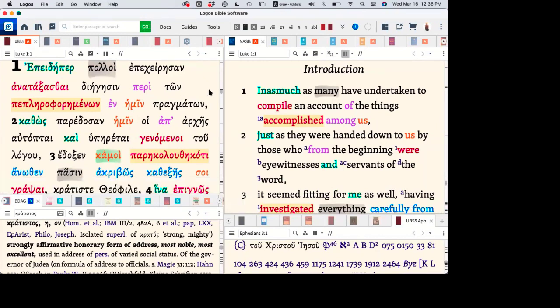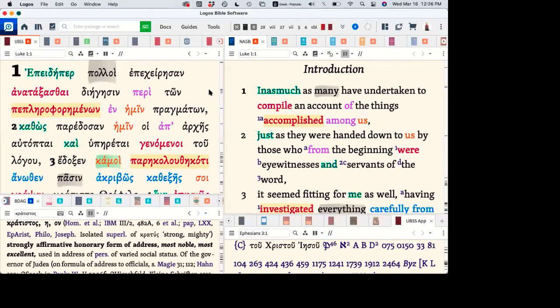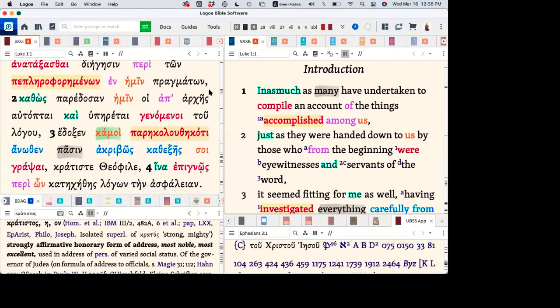So, can I ask one more question? And I know that I'm jumping ahead with this, but you've got 3 adverbs there that are kind of stacked. And then you follow that in verse 4 with the katēchēthēs. I'm just wondering about the interplay between those as Luke is working through.